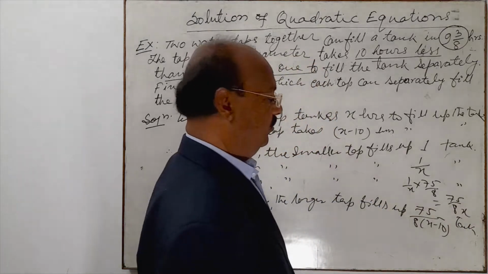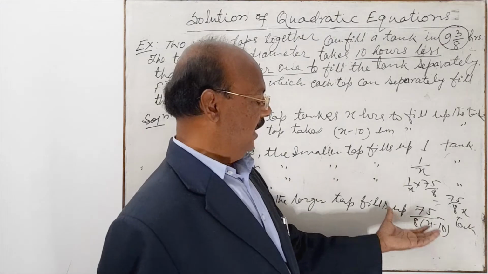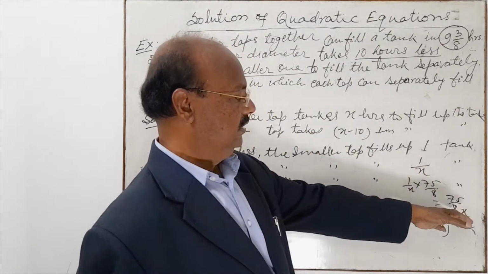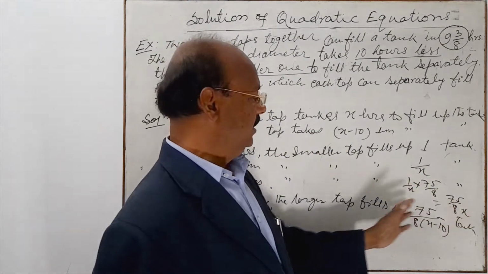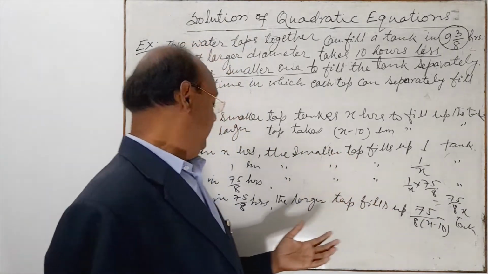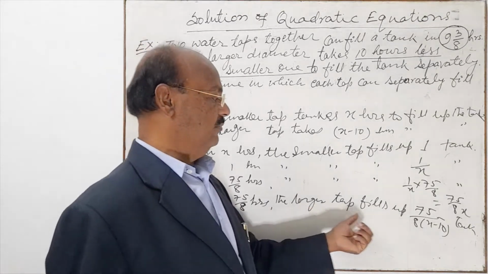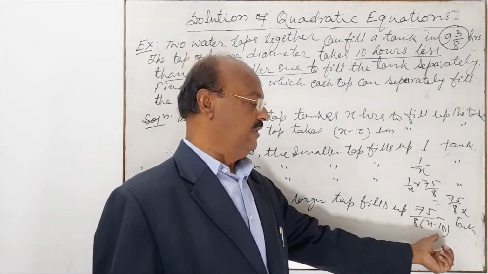Correct? We can get this value by the unitary method as we have got for the smaller tap. Similarly, when we write the statement for the larger tap, we can find that in 75 by 8 hours, the larger tap fills up 75 by 8 into X minus 10.